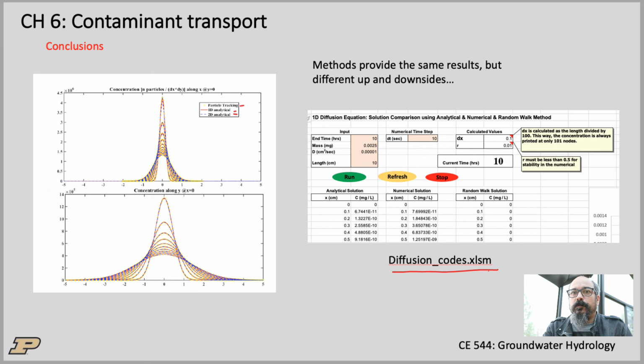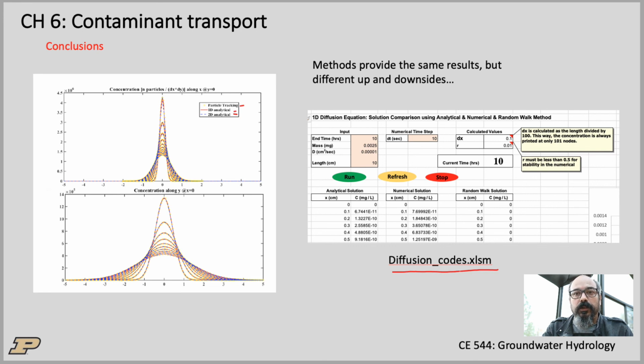So there is some Visual Basic code running in the macro. This is in your code folder under diffusion codes.xlsm because of the macros, and you can go into your macro editor, the Visual Basic editor. If you don't know how to do this, it's in the developer menu, and there you can go to the macros, edit them, and you can see the code.